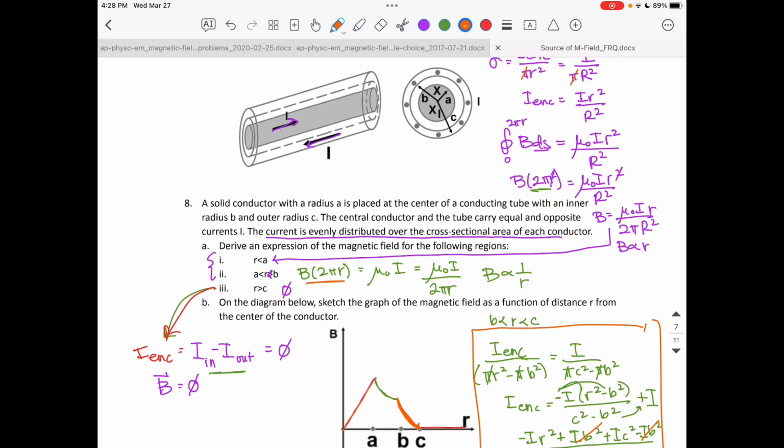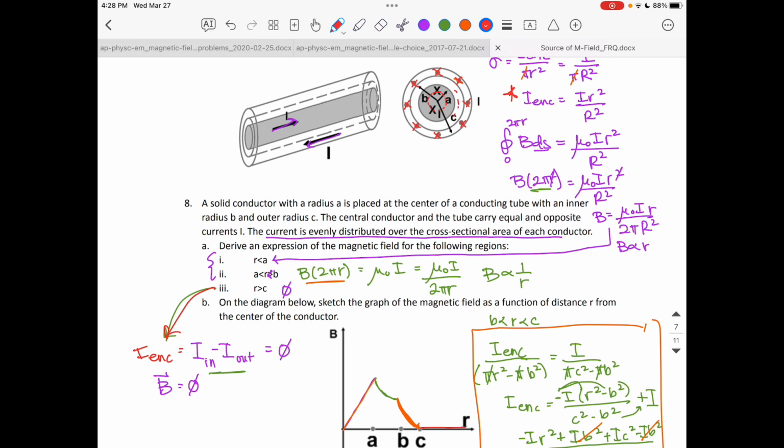That means the tube is also going out of the board, or sorry, into the board. Then what we would have is, first of all, our internal B stays the same. Our enclosed current is going to be the same whether the outside has switched or not. The external currents don't really affect anything.